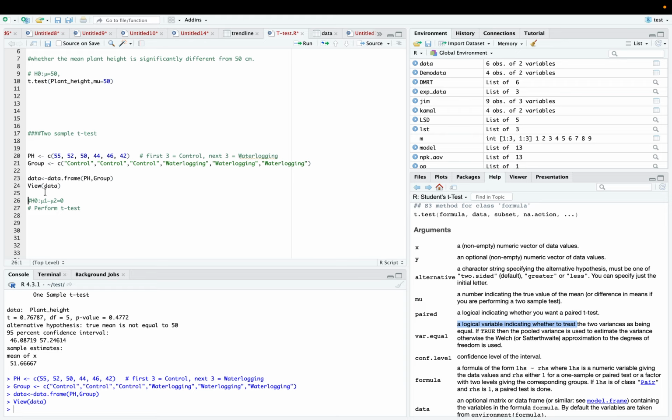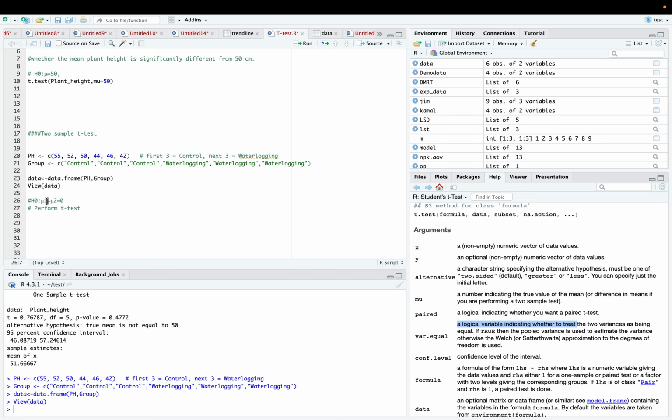Now what is our null hypothesis? Our null hypothesis is mu1 minus mu2 equals 0. What does it mean? Mu1 is the true population mean of plant height of group 1, the control, and mu2 is the true population mean of group 2, the water logging.